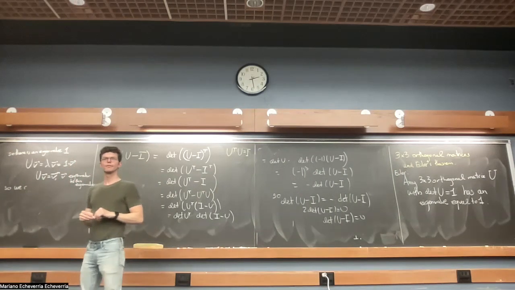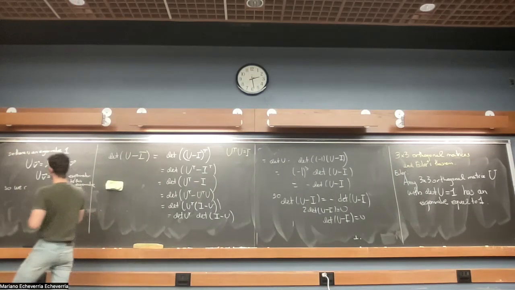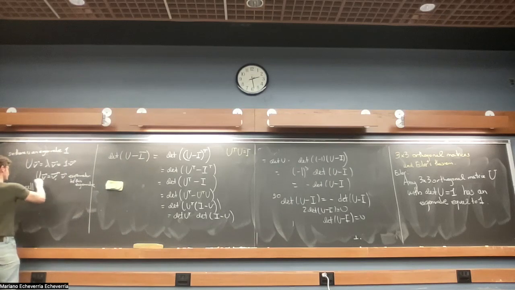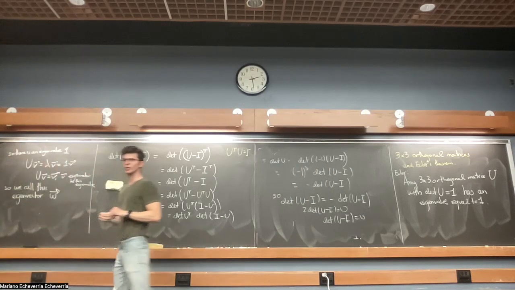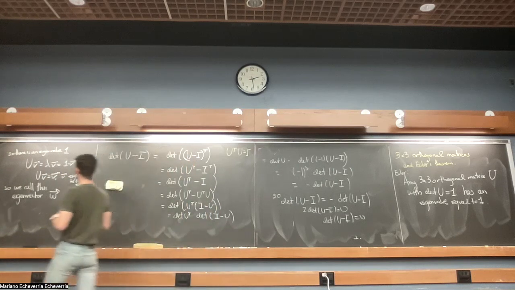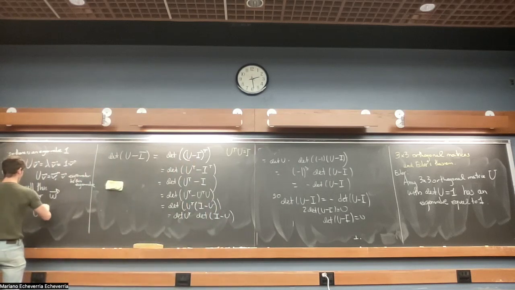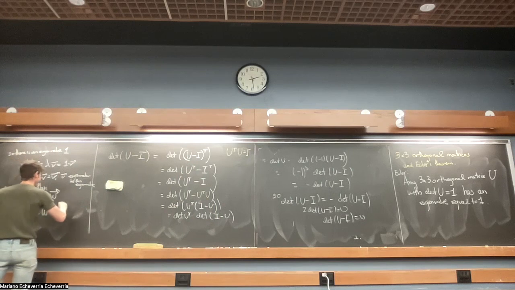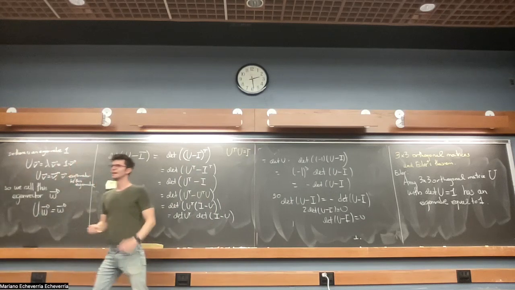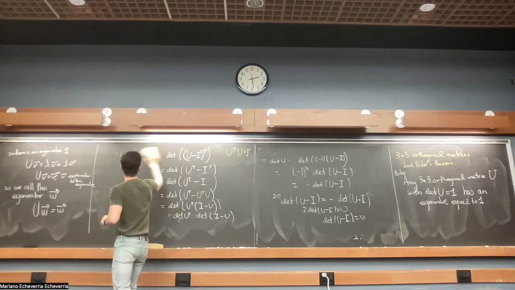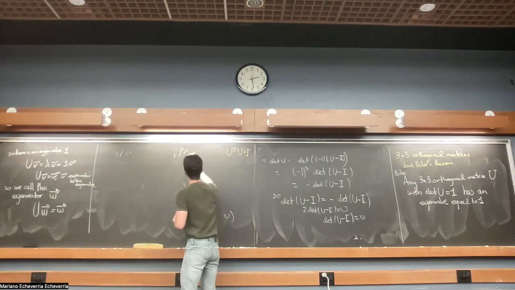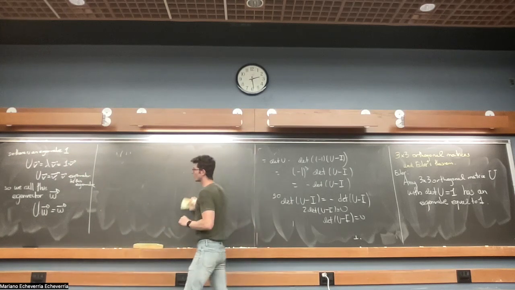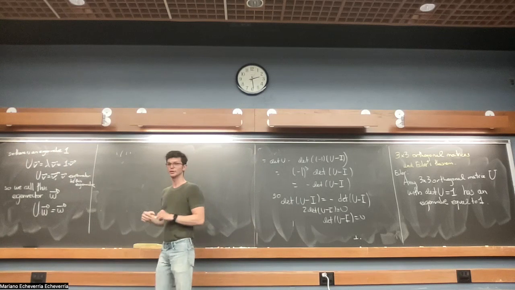So we call this eigenvector omega. That means that U omega is omega. But what does that mean? That means that this is a vector that remains the same before or after you do the multiplication by U.